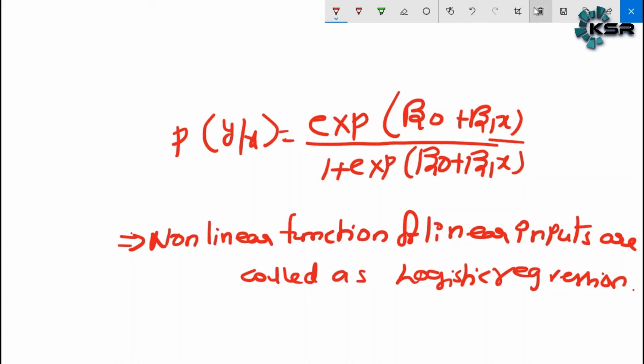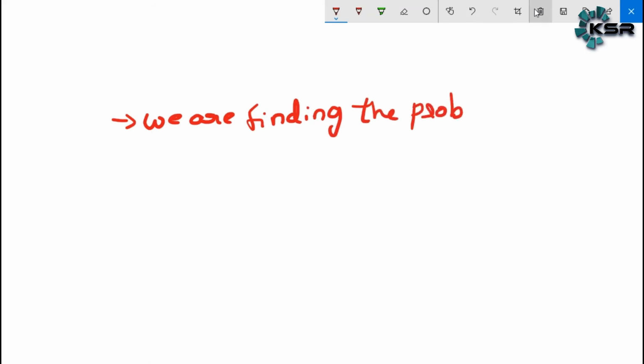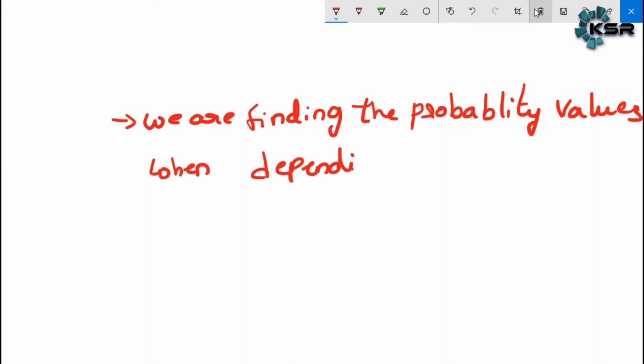Here we are not finding the probability when it is zero; we are finding the probability values when the dependent variable is 0 or when the dependent variable is 1.